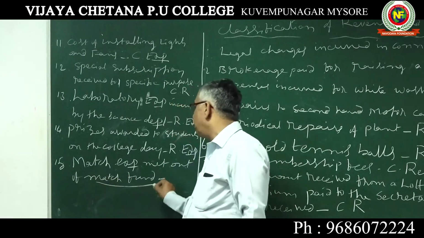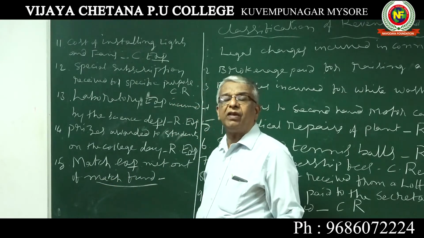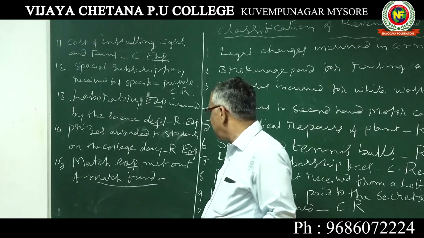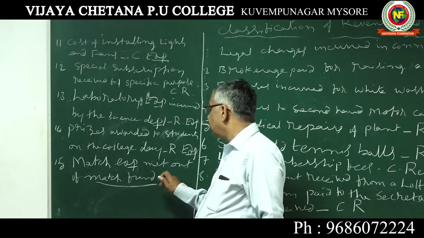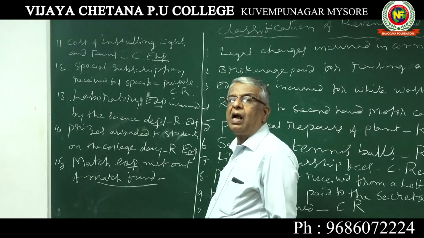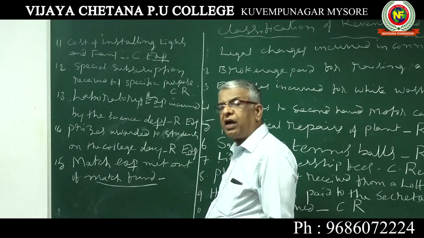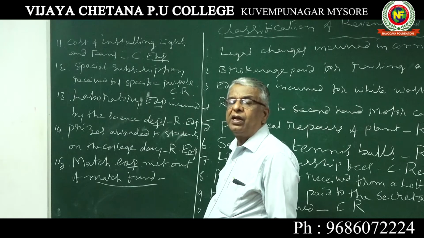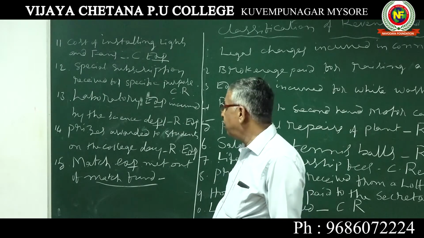This is very, very important. Out of match fund. If they have created a match fund, this amount is considered as capital expenditure, and this has to be deducted from the match fund. So this should not be taken into the income and expenditure account.